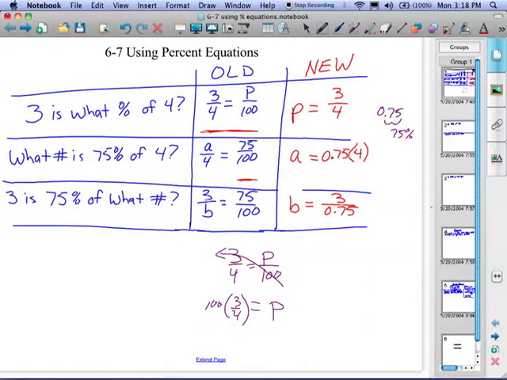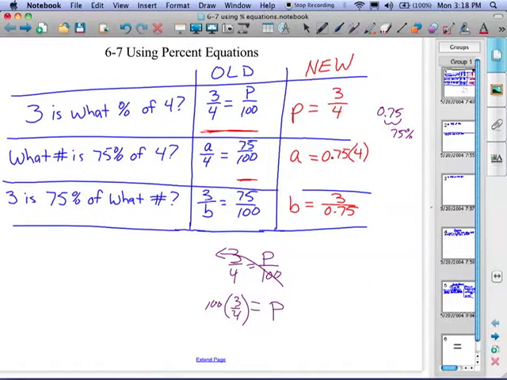And then since it's a divided by 4 equals 0.75, it's an equation we can solve by multiplying both sides by 4, which leaves us with what's in the third column. A is equal to 0.75 times 4. And then finally, the third example down, 3 is 75% of what number? Finding the base. We end up with b is equal to 3 divided by 0.75.